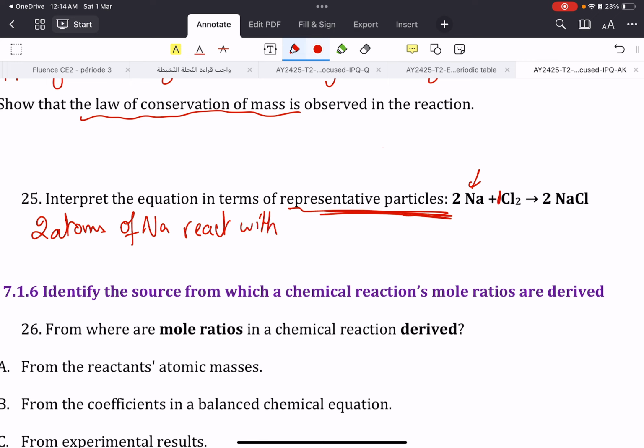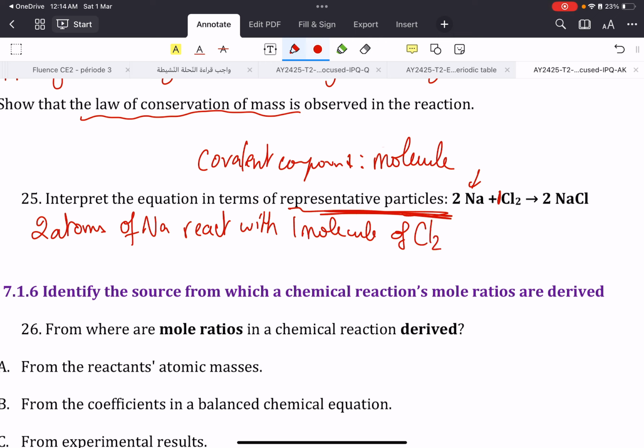1. Cl2 is not an atom, Cl2 is a molecule. Any covalent compound, you can call it a molecule in the representative particle. So you call it a molecule. So react with 1 molecule of Cl2 to produce 2 ionic compound of NaCl.